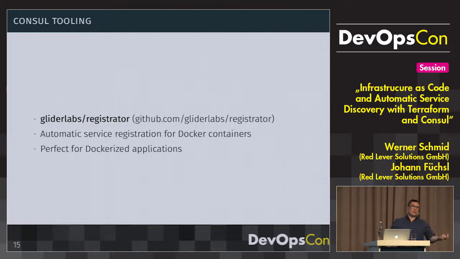It goes ahead and says, okay, here Consul, you have another service. Or if the container is stopped, it deregisters it in Consul. So if you have a Dockerized environment already, this is perfect for you because you just commission this Registrator container, and your services are just there and it works.